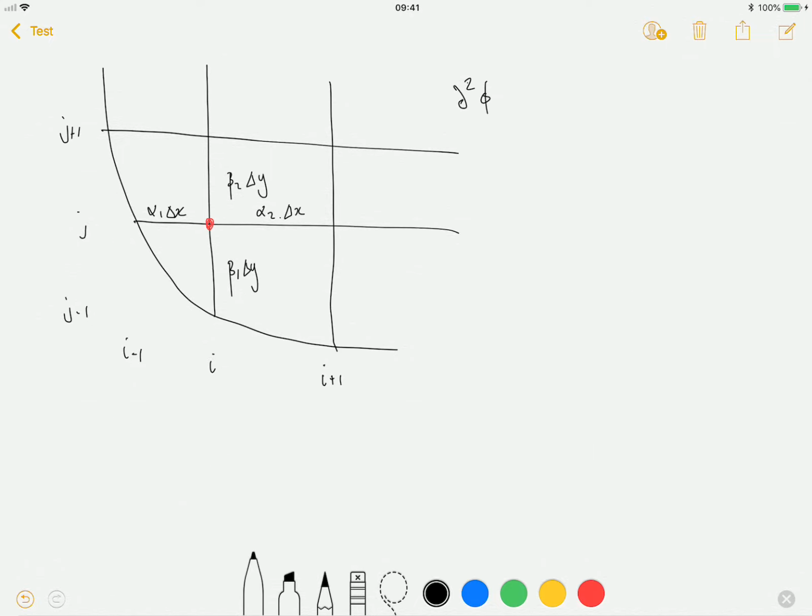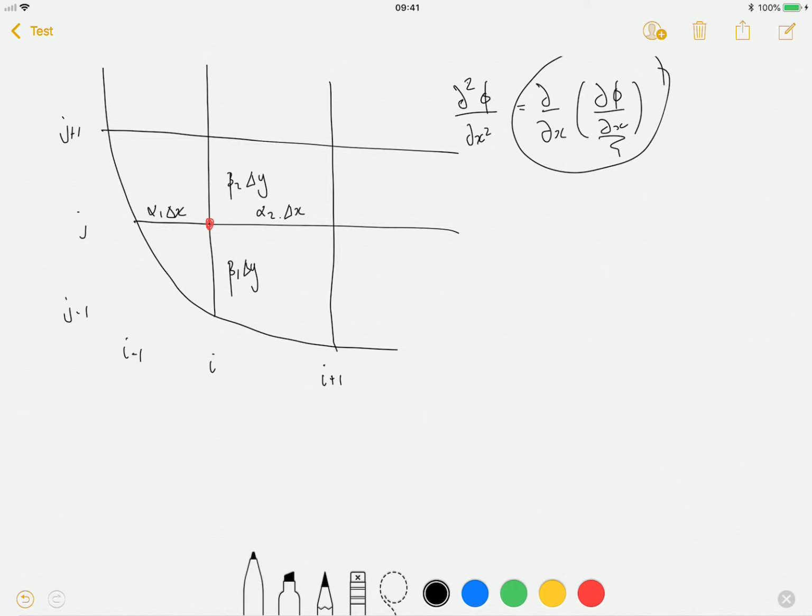Well, the second derivative is given by this form, which is really just the derivative with respect to x of the derivative of phi with respect to x. So if we know what the derivative of phi is with respect to x, we can apply this form of the equation to come up with new parametric forms.